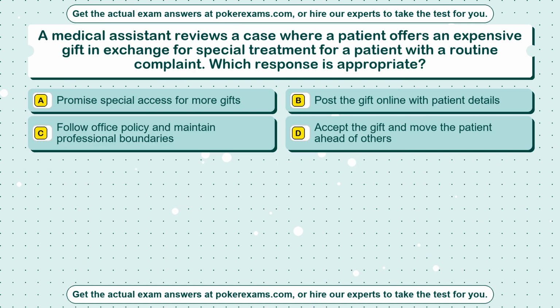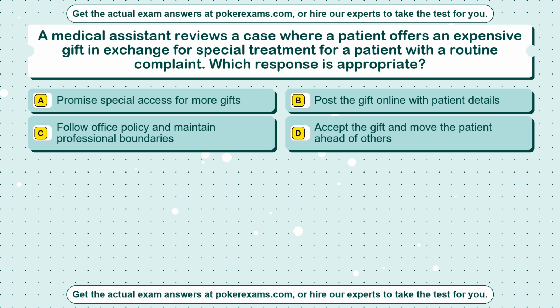Question 84. A medical assistant reviews a case where a patient offers an expensive gift in exchange for special treatment for a patient with a routine complaint. Which response is appropriate? Option A. Promise special access for more gifts. Option B. Post the gift online with patient details. Option C. Follow office policy and maintain professional boundaries.